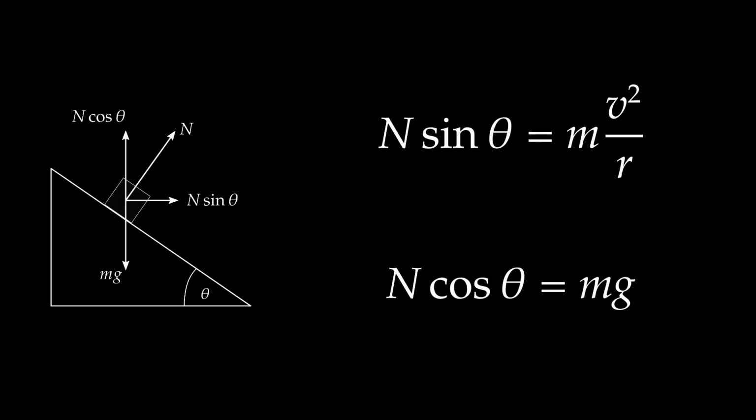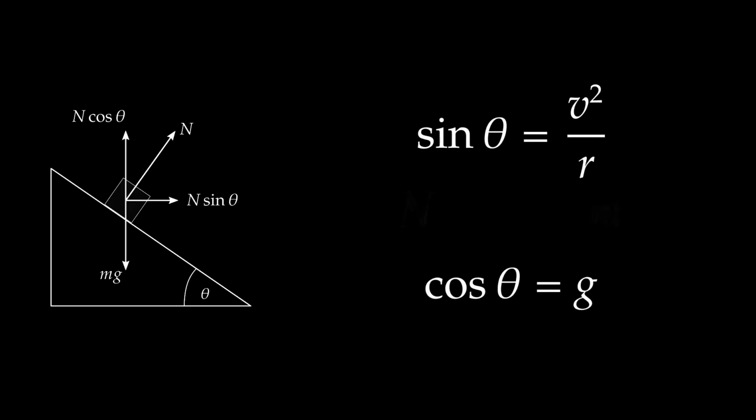And I have a similar problem, that the unknown normal force appears in my equations, causing me a little consternation. Well, I'm going to do a little trick here that's very helpful when you're doing naughty algebra sometimes. I'm going to simply divide the equations. It's probably something that you haven't done before, but when I divide them, the normal forces cancel. The masses cancel.